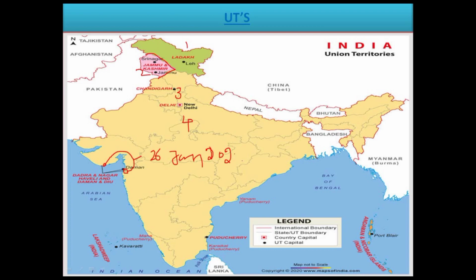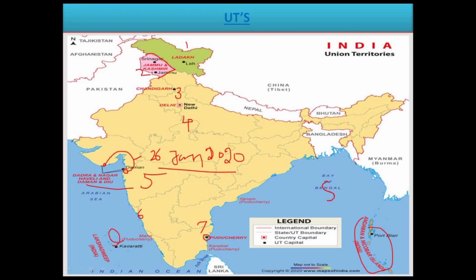So that makes 5. Now we can see the Lakshadweep Islands as 6, and we already had Puducherry, so that makes 7, and from here we get the Andaman and Nicobar Islands, so 8. After combining all this we have 8 union territories.